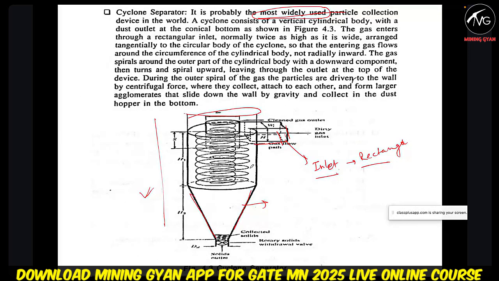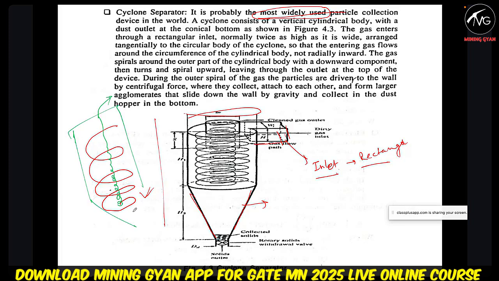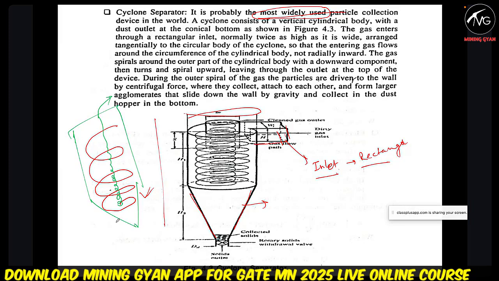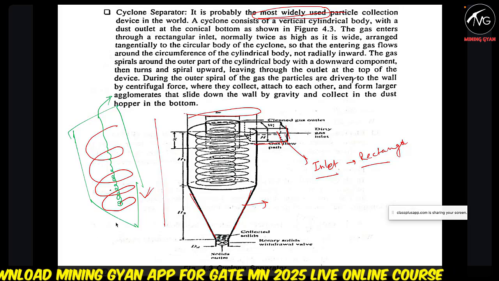In this, suppose my air will go that way, and it will come out from the middle, upward. That is your box. We will see a video so you will understand better.